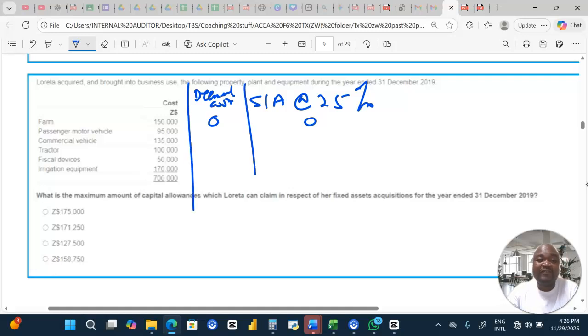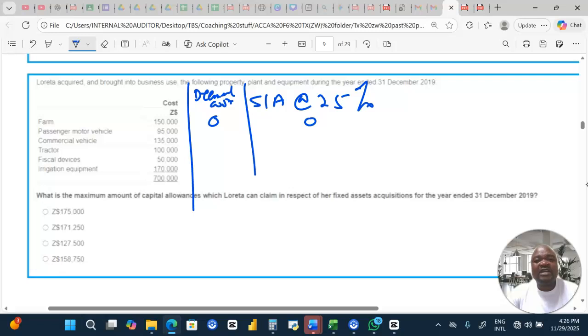Yeah, the examiner could give us a figure, but there could be some deemed costs in the eyes of the taxman. For example, the cost of the farm in the eyes of the taxman is zero. Why? Because they do not consider them for capital allowances. So in the capital allowance sense, the cost is zero.